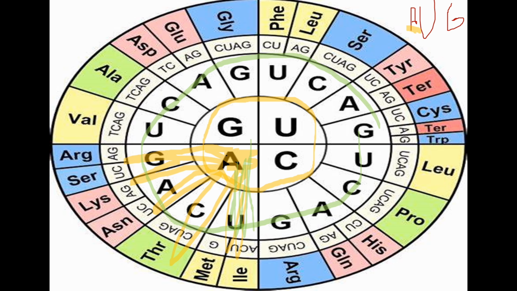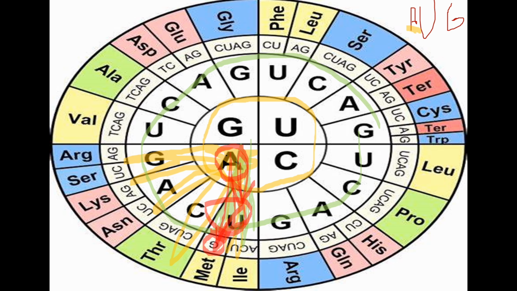Actually, maybe it's easier than the chart. Then G. The G is here. So A in the first circle, U in the second circle, but the U in front of the A. Then G. So here we have the AUG.